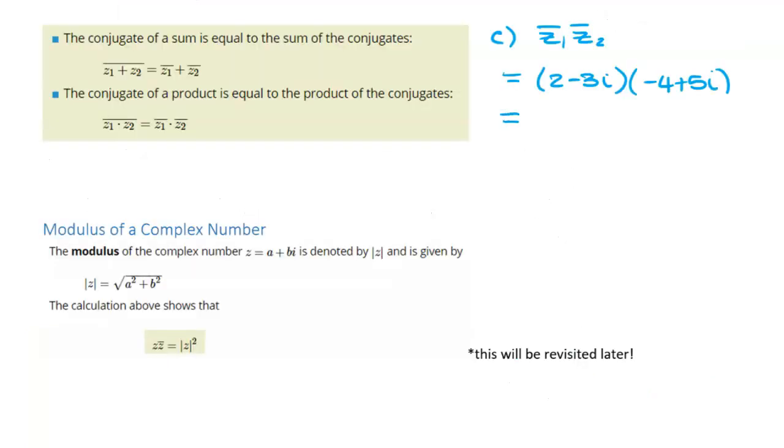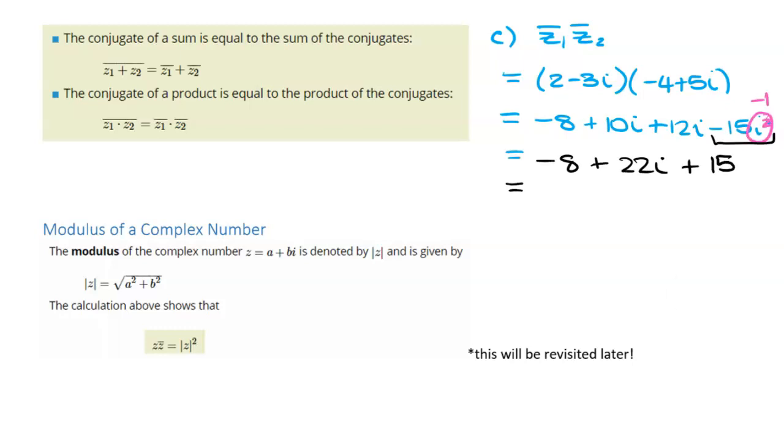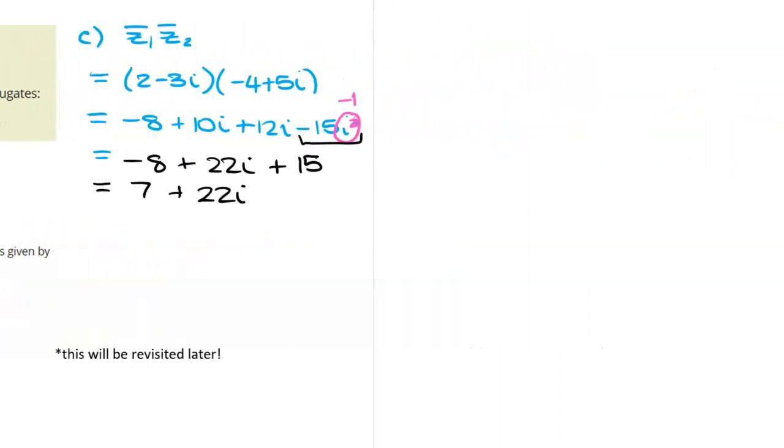Okay, let's expand this out. Let's now see what happens if we did that multiplication and then took the conjugate. So we're going to do z1 z2, the product first, and then the conjugate.